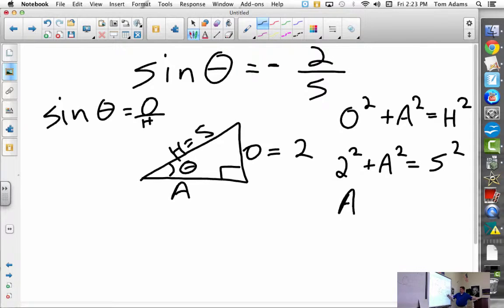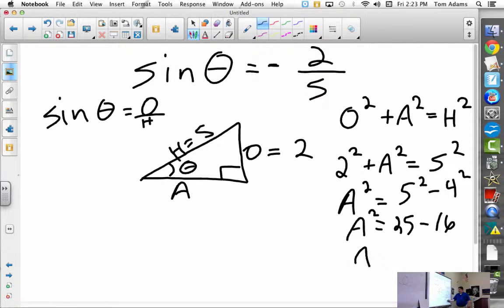So I've got a squared is equal to 5 squared minus 4 squared, or 25 minus 16, or a squared equals 9, which means that a equals 3.